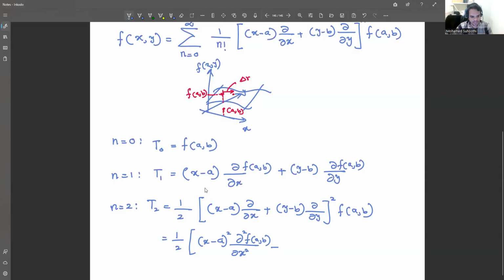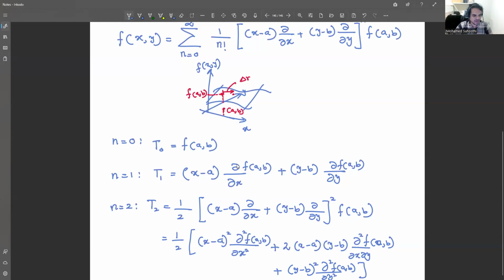Plus, now the second derivative, 2 times (x minus a)(y minus b) dou 2 over dou x dou y f of (a, b), plus (y minus b) squared dou 2 over dou y squared f of (a, b).